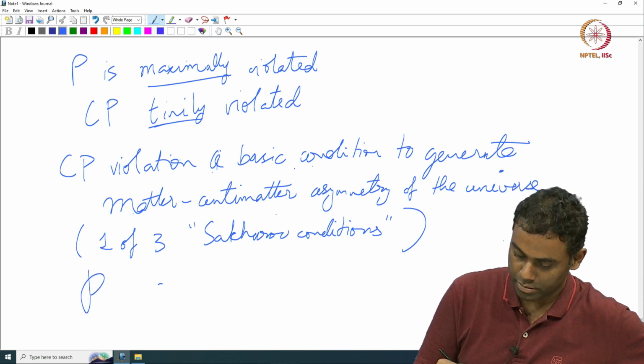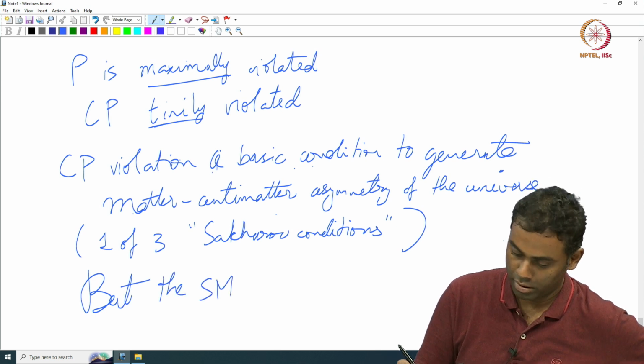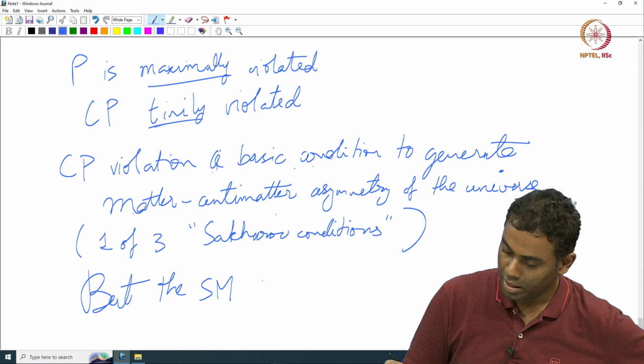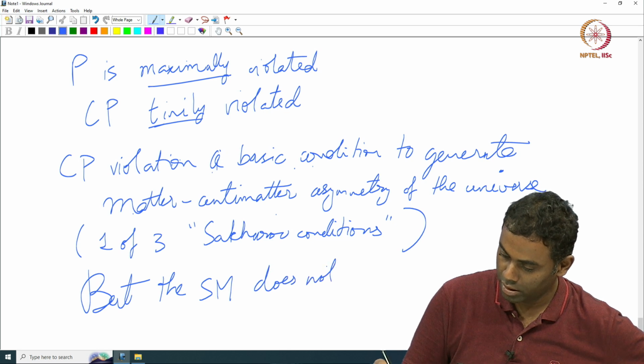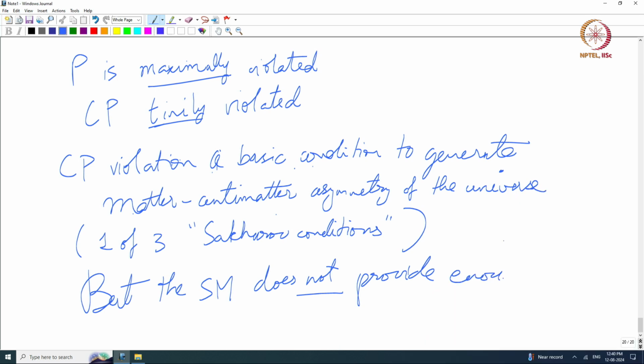However, this standard model, right, does not provide enough CP violation for generating the amount of matter antimatter asymmetry that we see. Okay, in the standard model we parameterize it by saying it's like at the level of 10 power minus 3, right?